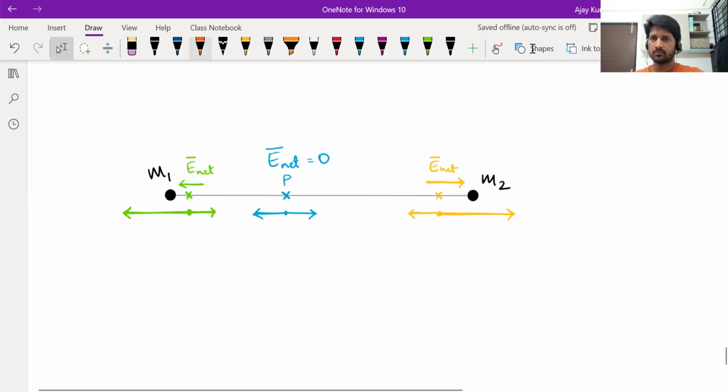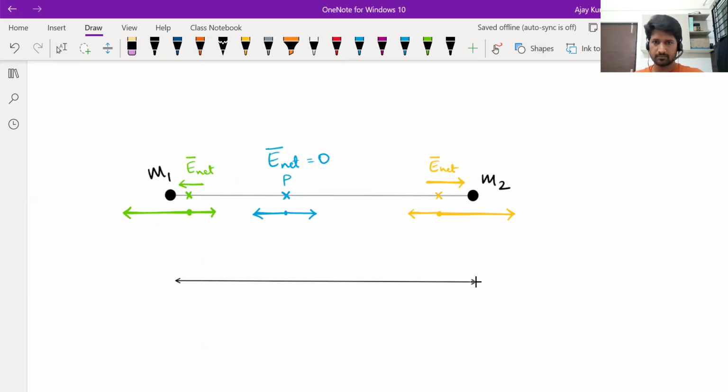Let's assume the total distance is d. And from M1 to that neutral point, let's say the distance is x. Then obviously from M2 to that neutral point, the distance will be the remaining distance, d minus x.